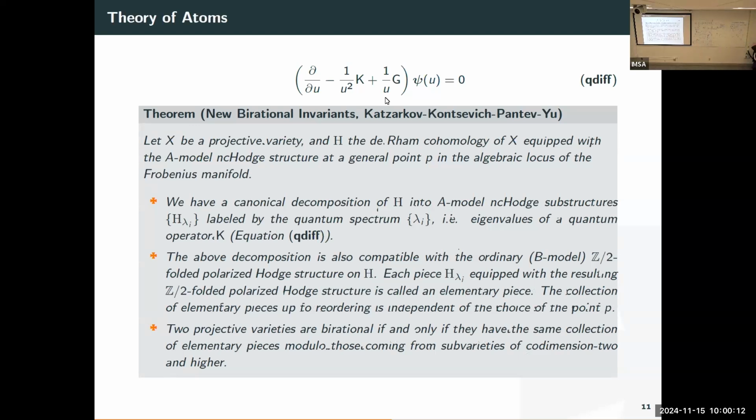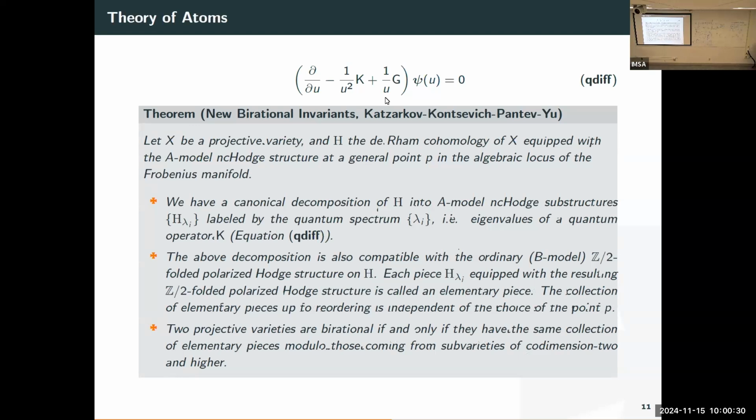Now, this is the theorem which gives our splitting of birational invariant, which is very much based on the work of Iritani.